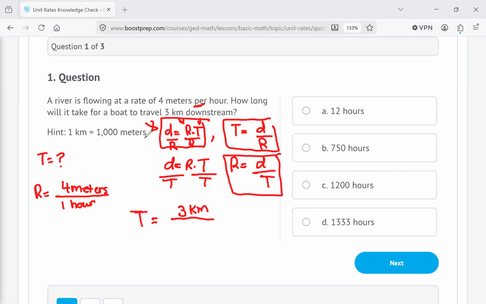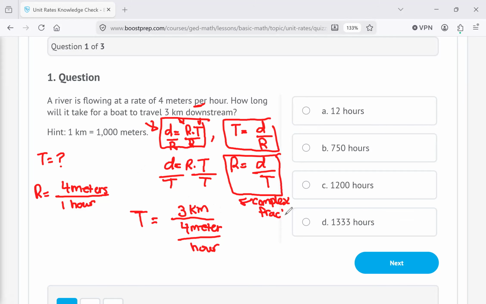And then what is my rate? My rate is 4 meters per hour. It looks a bit odd, it looks strange, right? You have 3 kilometers over that, so you have what's called a complex fraction, which is no problem.